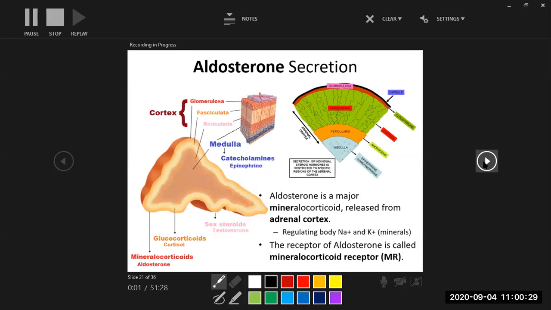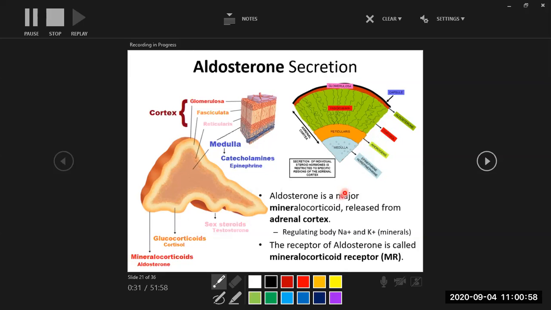Just a little bit of overview on what aldosterone is. Aldosterone is a steroid hormone. It's secreted from the adrenal cortex. The adrenal cortex has three layers, and aldosterone is secreted from the very outer layer, the zona glomerulosa.